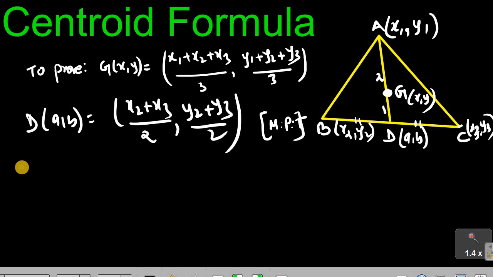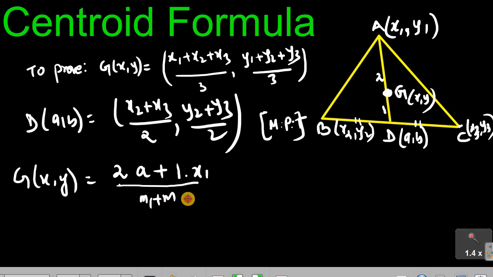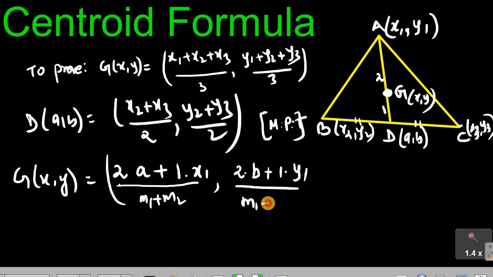Now using the section formula, G(x, y) equals (m1x2 + m2x1)/(m1 + m2), where m1 is 2 and m2 is 1, and then (m1y2 + m2y1)/(m1 + m2), where y2 is b. This we have written from the internal section formula because G lies inside AD.